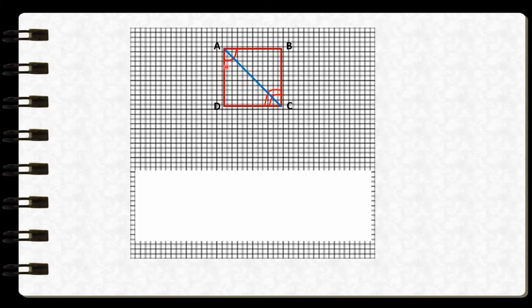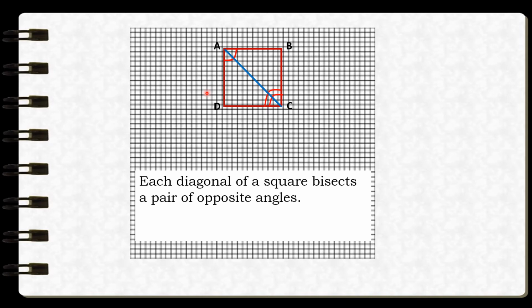Notice that each vertex angle is divided into two congruent angles. Actually, each diagonal of a square bisects a pair of opposite angles. So as you can see, angle BAC is congruent to angle DAC. And angle DCA is congruent to angle BCA.